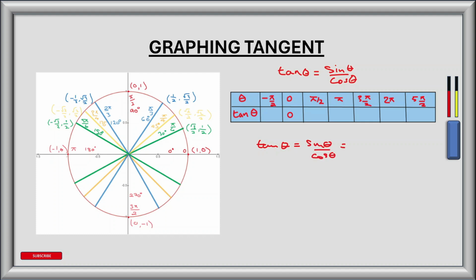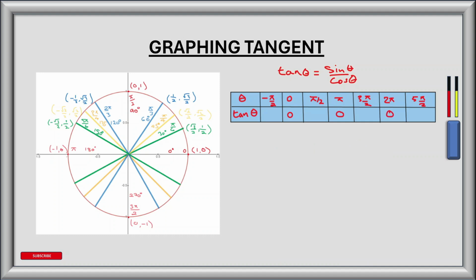Sine of theta is 0, and cos of theta is minus 1. That equals 0 again. If we look at the angle 2 pi, which is again here, when we've come around the circle once, we see that tan theta is equal to sine theta divided by cosine theta, which is equal to 0 divided by 1, which is equal to 0.